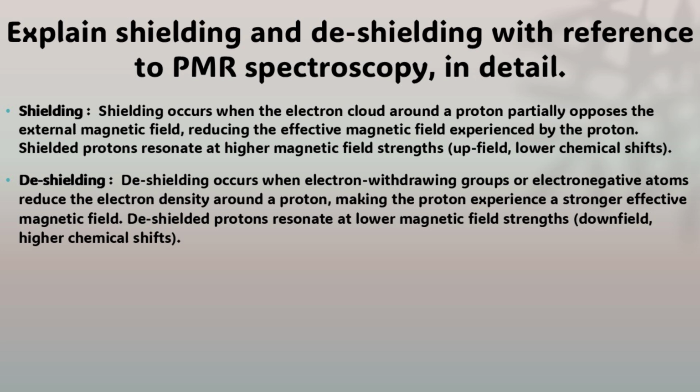Deshielding occurs when electron withdrawing groups or electronegative atoms reduce the electron density around a proton, making the proton experience a stronger effective magnetic field. Deshielded protons resonate at lower magnetic field strengths, downfield, higher chemical shifts.